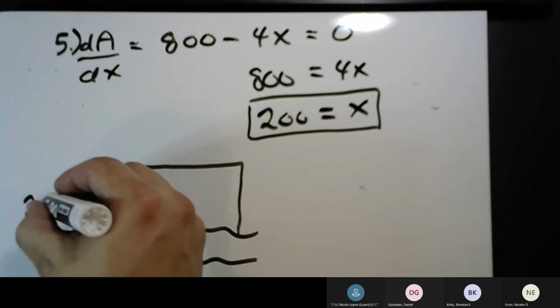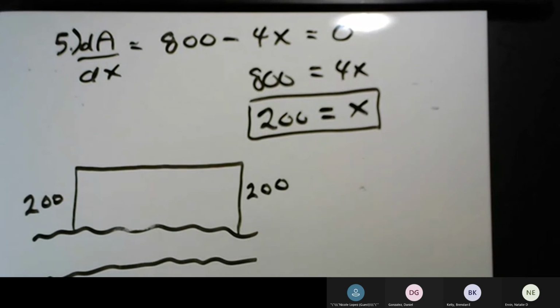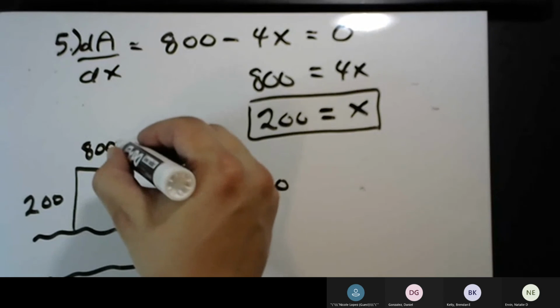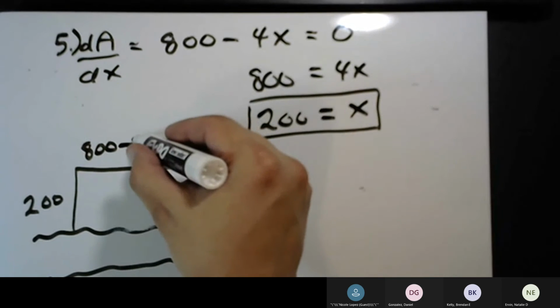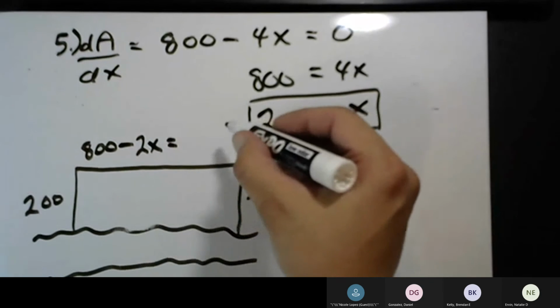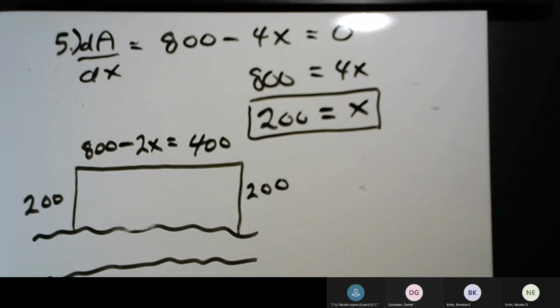So questions about that? Now what that means though, that means this is 200, this is 200, and 800 minus 2x, well, x is 200, so this is going to be 400.